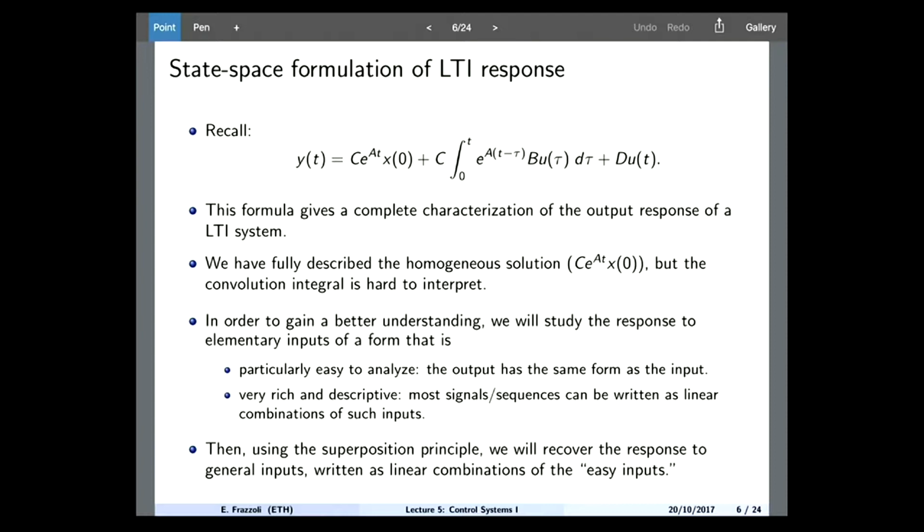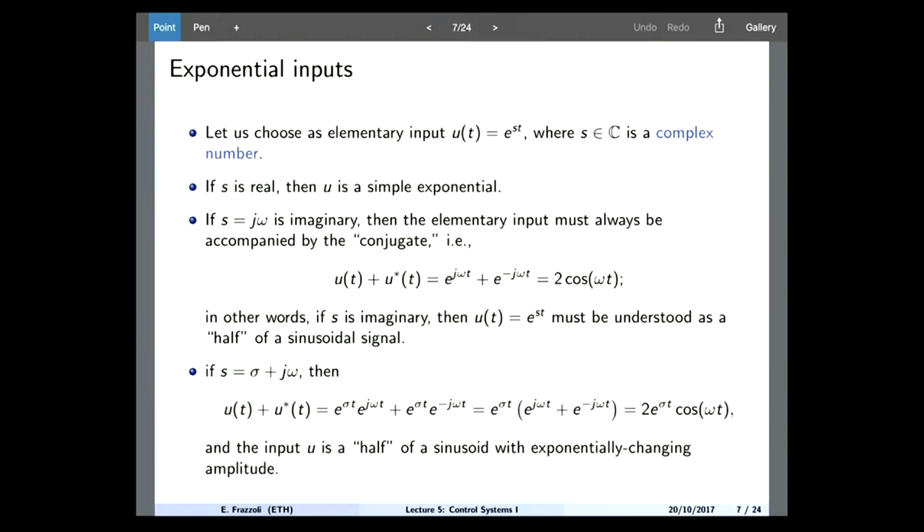In particular, we will choose these elementary inputs in a way that the output has exactly the same form as the input, okay? And it turns out that these elementary inputs are so rich that you can describe any arbitrary input as a linear combination of these easy elementary inputs, okay? So then, once you have done that, use again the superposition principle, and you can reconstruct the solution to your complicated arbitrary input.